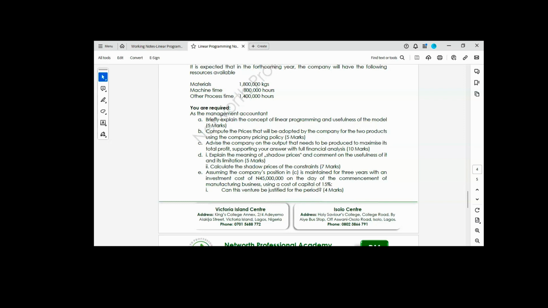Then you can also say contribution per unit is equal to selling price per unit minus variable cost per unit. If that information is not available in the question, then the examiner must give you profit and fixed cost. Therefore, to get my contribution margin, I would say fixed cost plus profits.